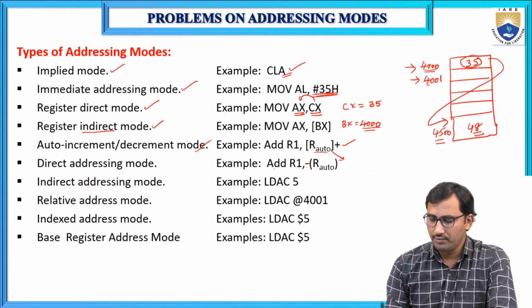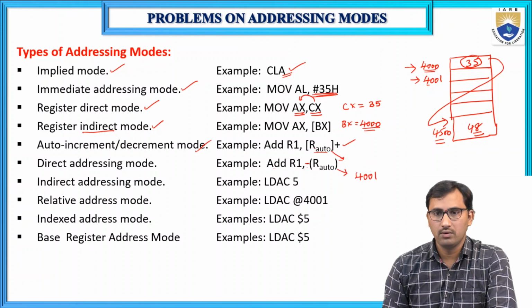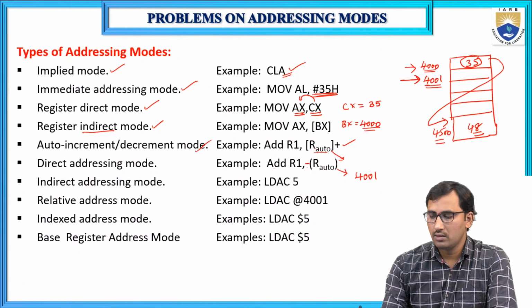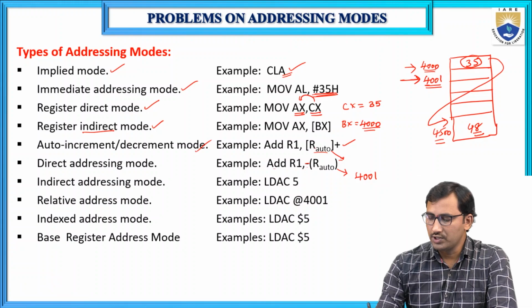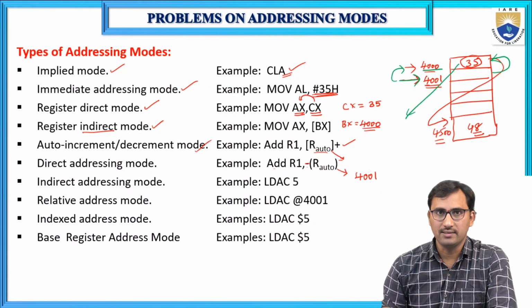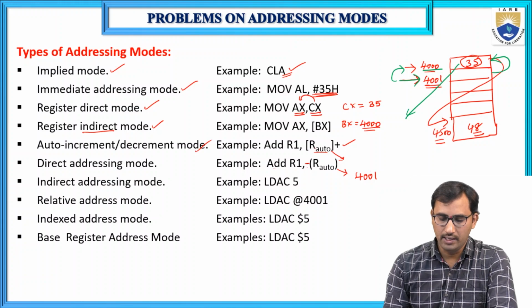Suppose the R auto value is 4001. First it will go to 4001, then the address will be decremented by 1 and become 4000, then this particular operand will be accessed. That is called auto decrement.